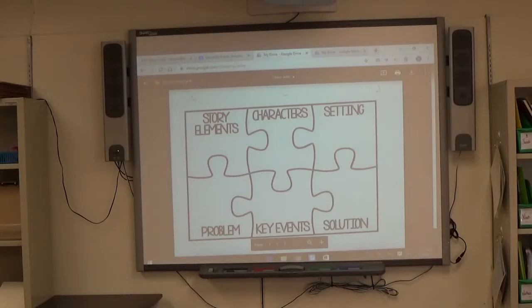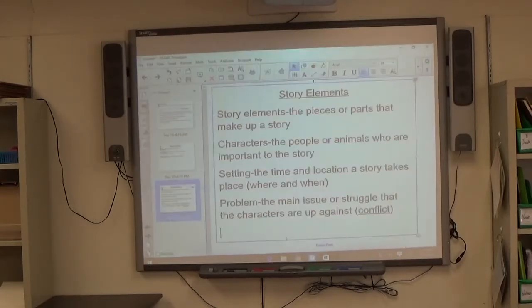After our characters have a problem, there are some things that happen in the story before we can come up with a solution. So if you notice, the key events are what's holding our problem and solution together.